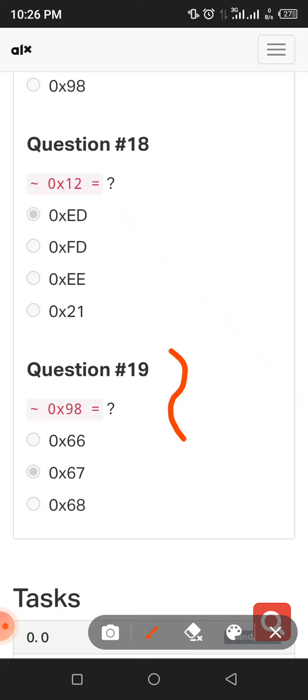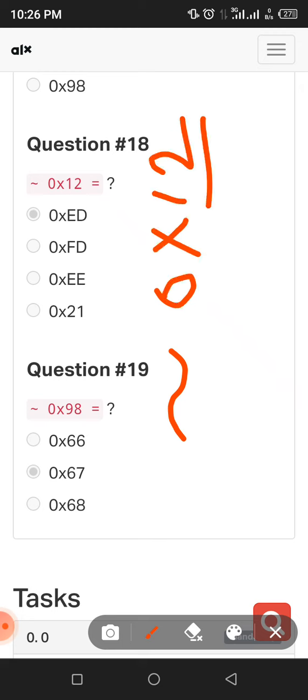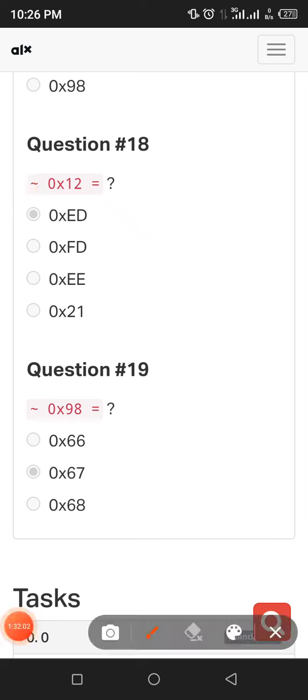So we have 0x12. So we're concentrating on the 12 alone. So to get that, we have 0 0 0 1, that's for the 1.